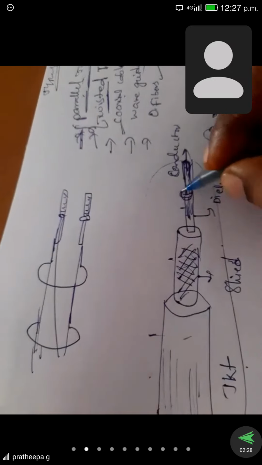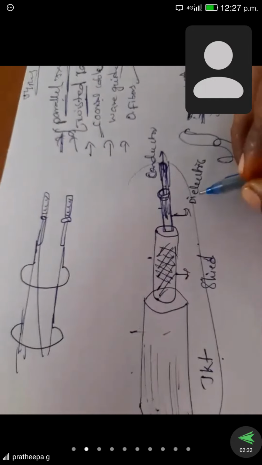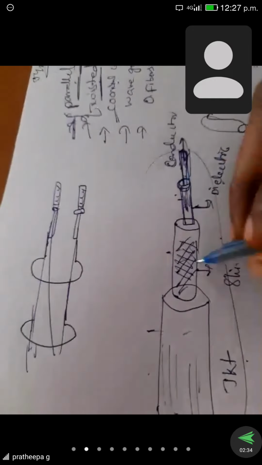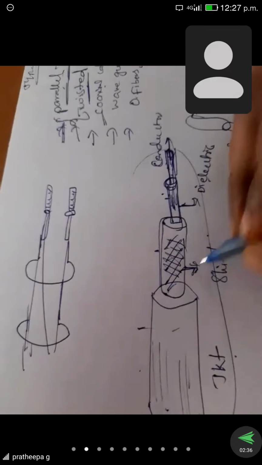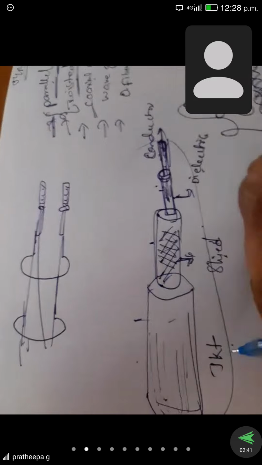So to protect this signal layer, we are using the dielectric material, and to protect these two, again it will be covered with plastic shield. Then finally we coat it with a jacket.